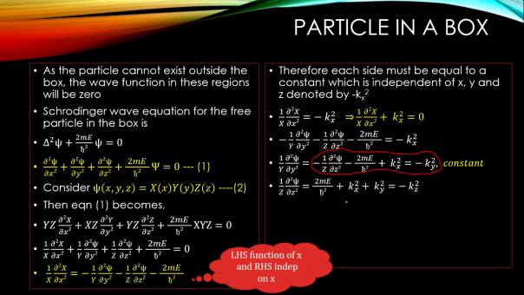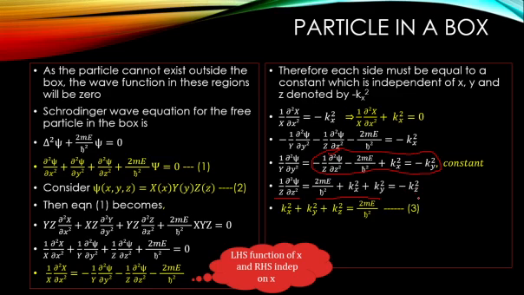Considering this part alone, we'll again take 1/Z ∂²ψ/∂z² alone on the LHS, and the remaining constants are taken to the RHS. Here also you can see that LHS is a function of z while RHS is not a function of z, which can be equal only if both are equal to a constant, and the constant is given by minus kz².